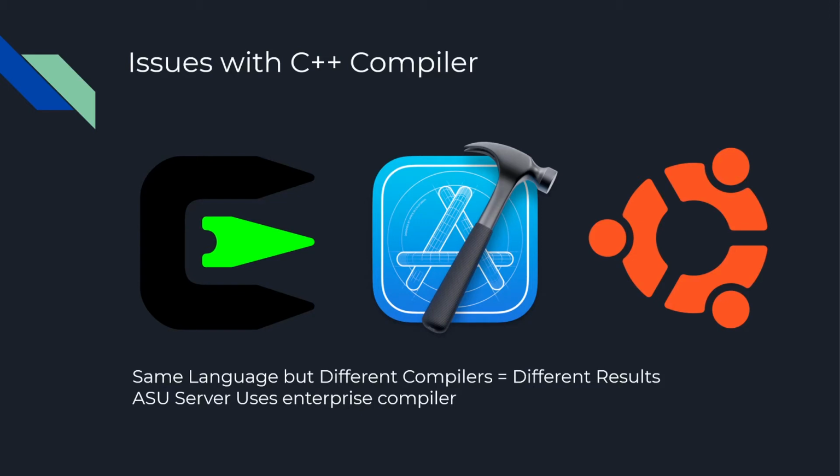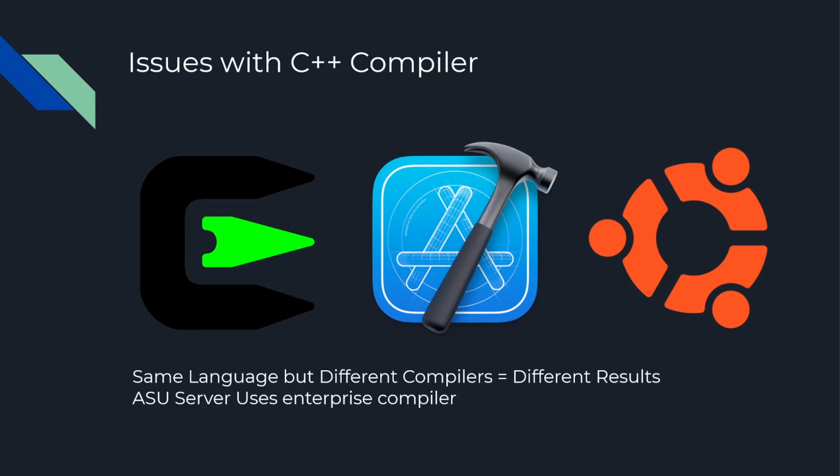So let's go ahead and talk about the issues with the C++ compiler. There are many different C++ compilers, and although they are all for C++, there are some significant differences between them.